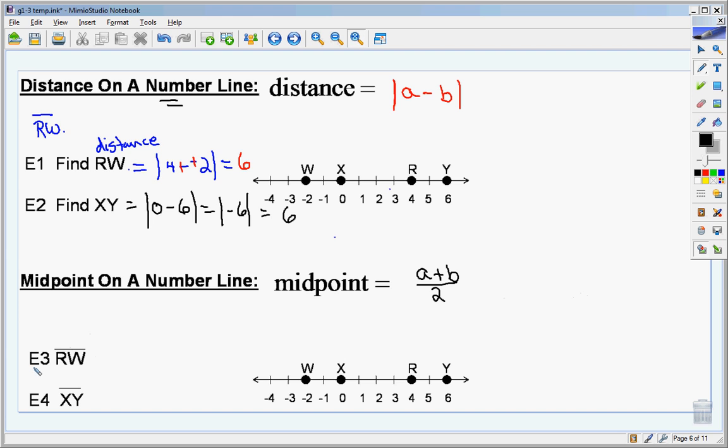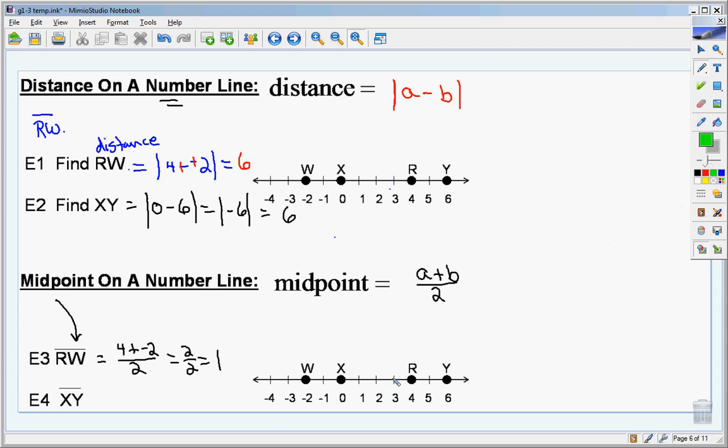So, for this example, we are going to find the midpoint of RW. I'm going to take the coordinate of R, 4, the coordinate of W, -2, and divide it by 2. 4 plus a -2 is 2, and 2 divided by 2 is 1.